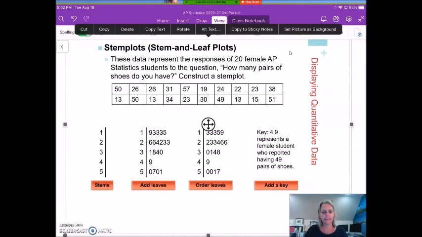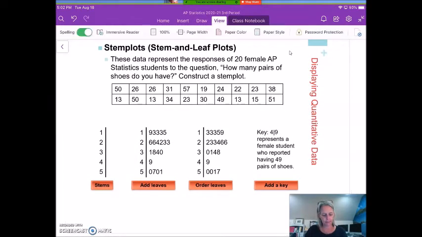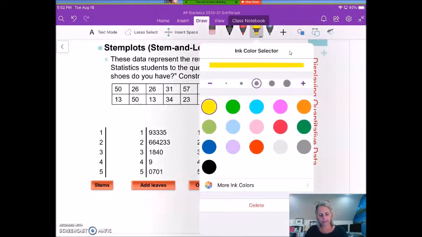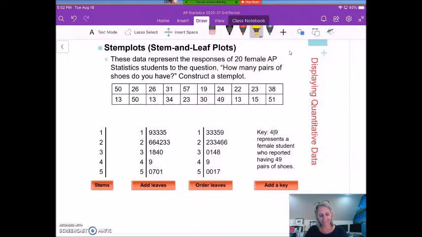On this stem plot that they're giving here as an example, you'll see that if we take the number 50, the way that works, we have the number 50. What that means is that the tens digit is going to be the 5 and the 0 digit is the leaf, right?